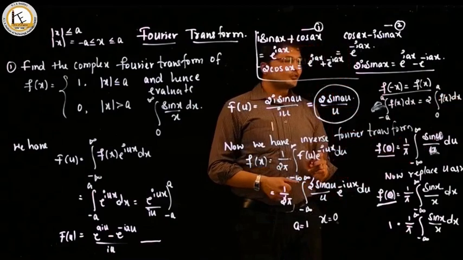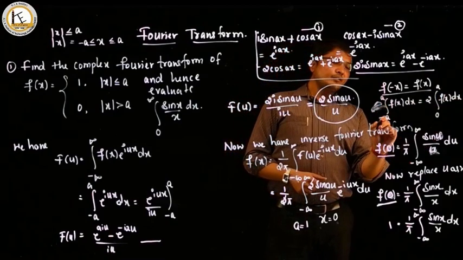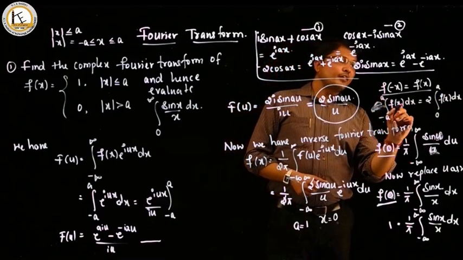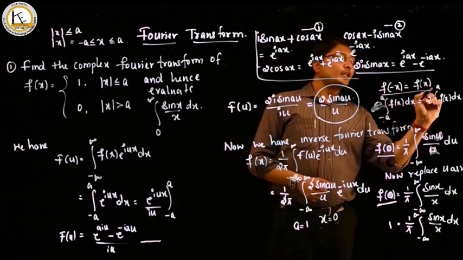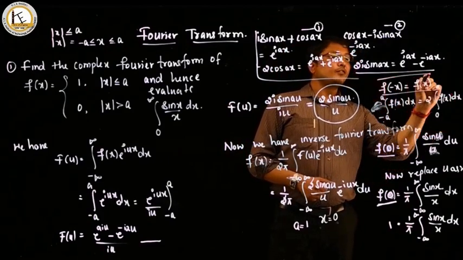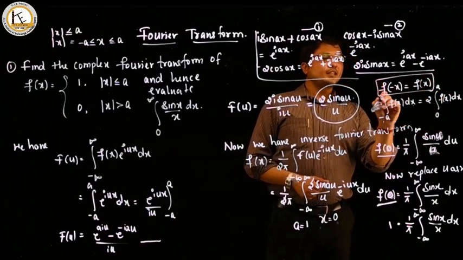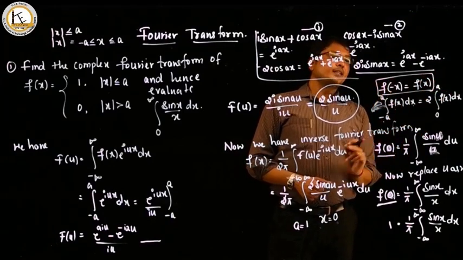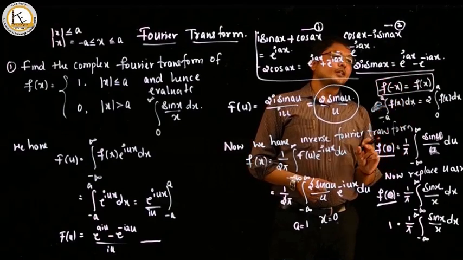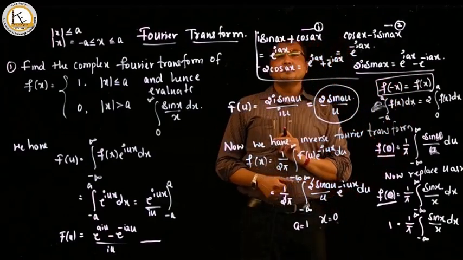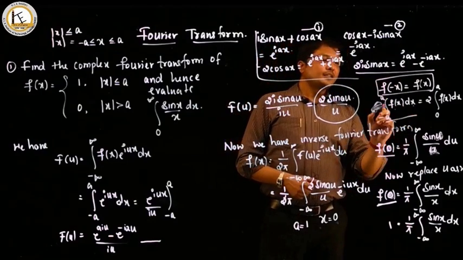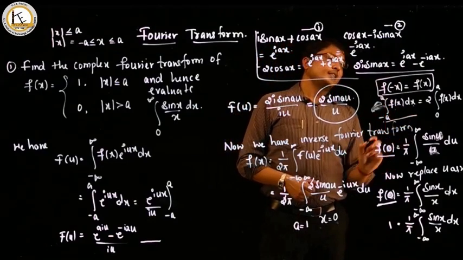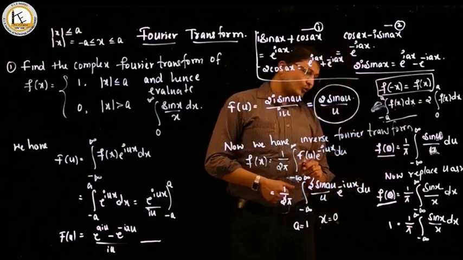Okay, this is the property of integrals. It holds if the given function f of x is even, that is, f of minus x is equal to f of x.